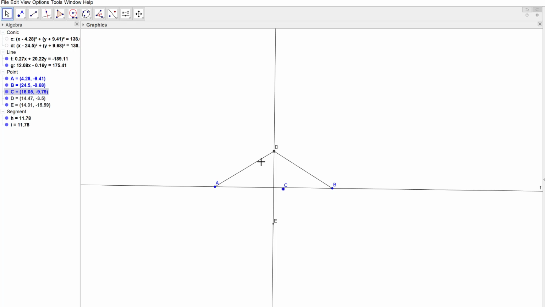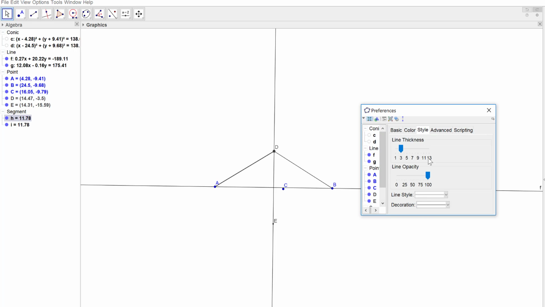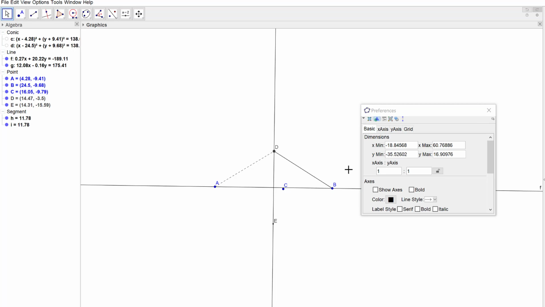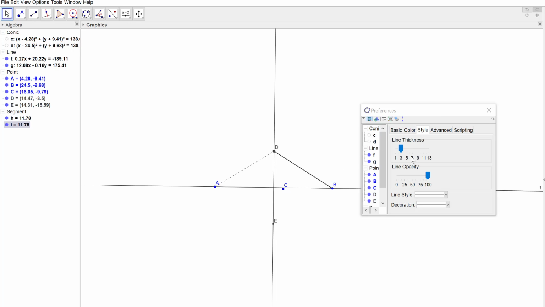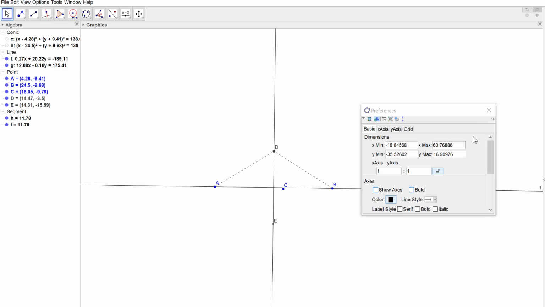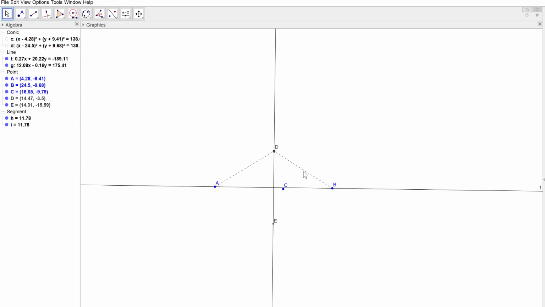So you don't really need these line segments here, which means I want to change their style. And then you can think of them as just being like something measuring the distance.